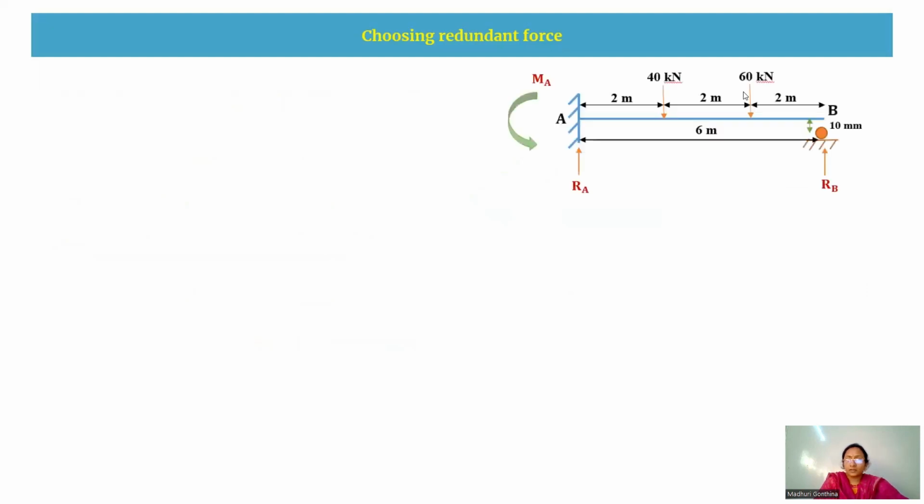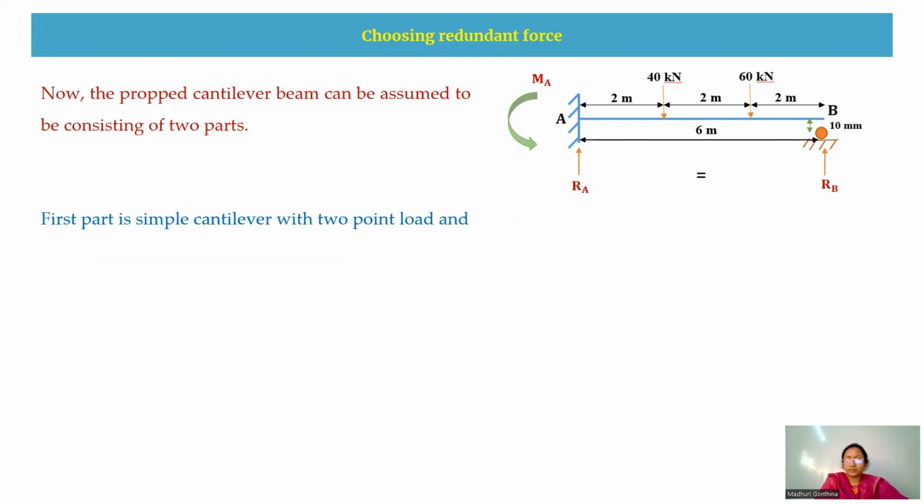Now we are going to choose a redundant force. This is the beam that has been given to us, an indeterminate beam of 1 degree. To solve that, we divide this entire indeterminate beam into 2 parts. One part is a simple cantilever beam with 2 point loads.